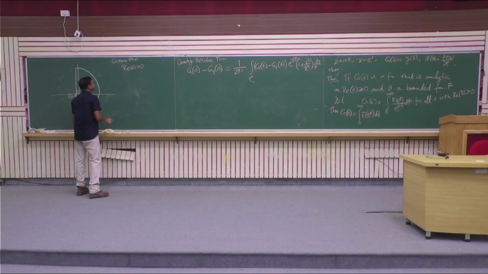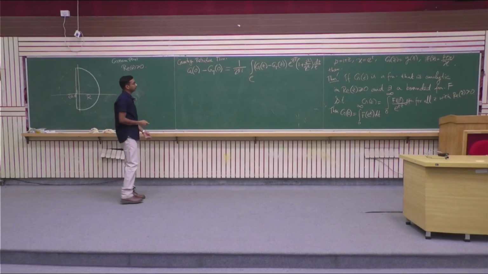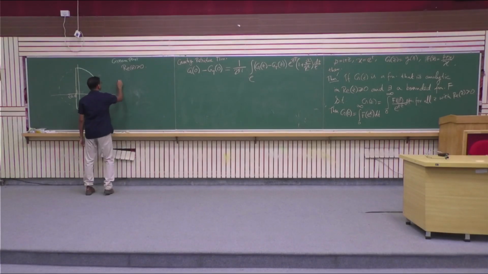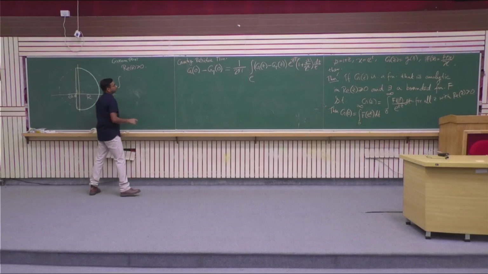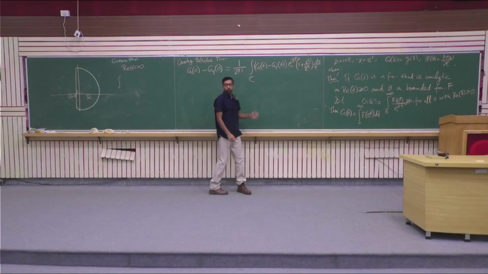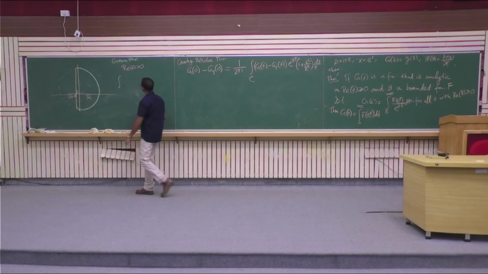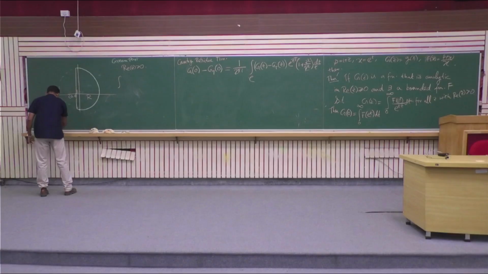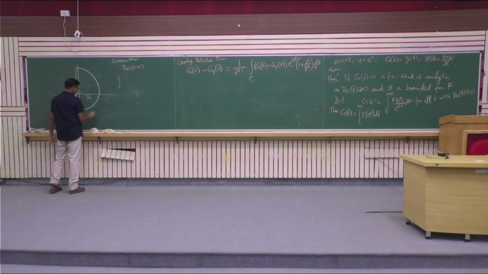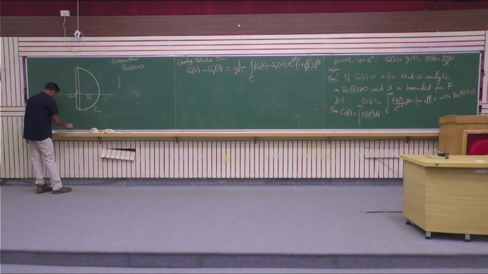Okay. And there, what happens? The integral over the green part, the part of the contour which is here, we can call the positive side of the contour, so C plus maybe, and this one the negative side, C minus. Okay.